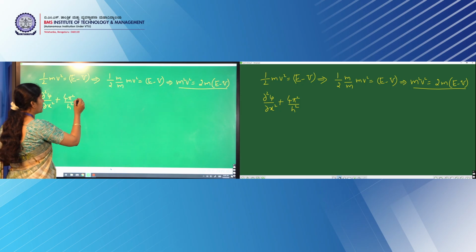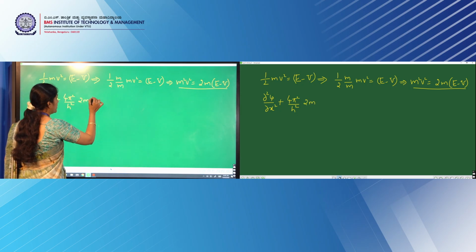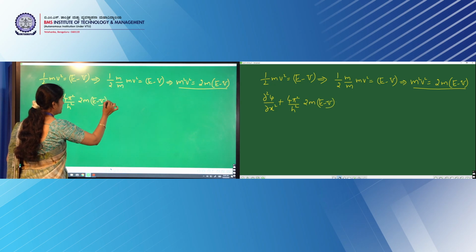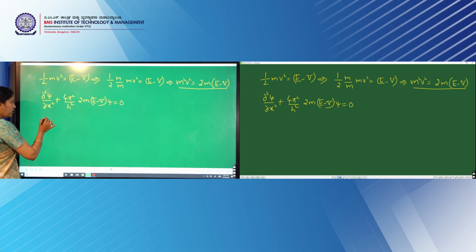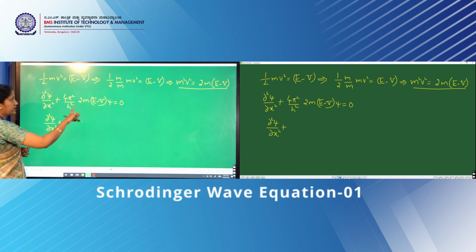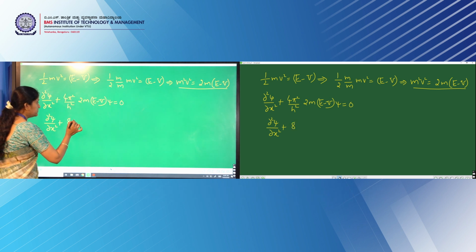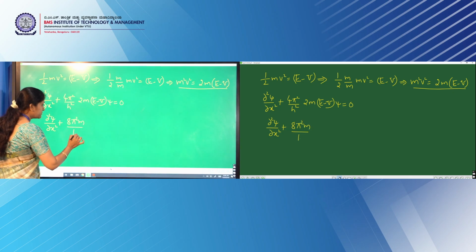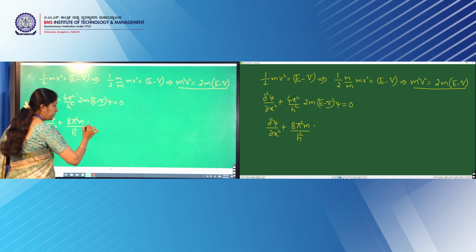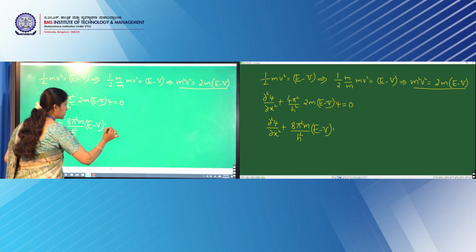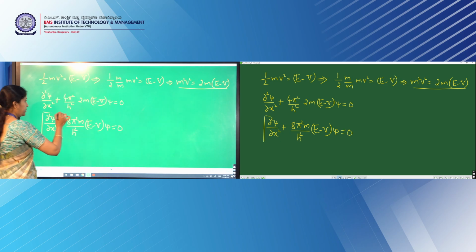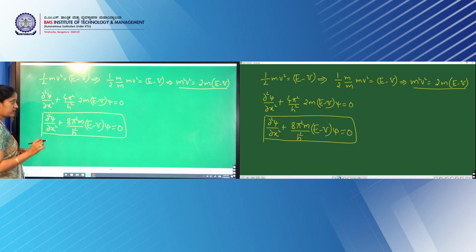Instead of writing m square v square, now let us write that value as 2m times E minus V. Now we can complete this derivation by simplifying this particular second term of the equation, which can be written as 8 pi square m by h square times E minus V of psi is equal to 0.